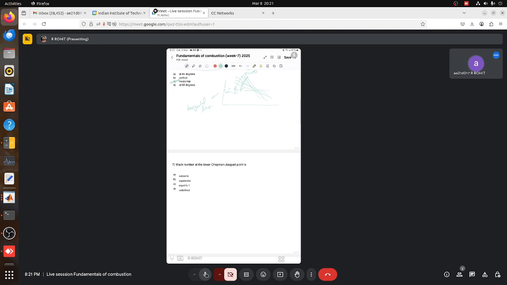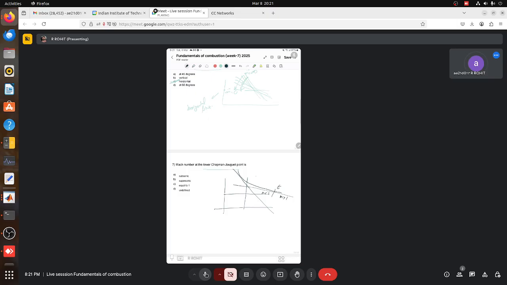So the Mach number at the lower Chapman-Jouguet point will be... So we saw that if you have a line and you have your Hugoniot curve there and you have your tangents being drawn, the lower Jouguet point E. Above that you have your supersonic velocities and below that you have your subsonic velocity.